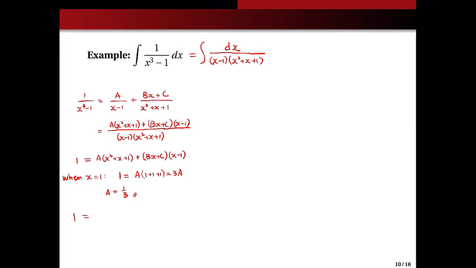We now replace a with 1/3. So 1 equals 1/3 of x squared plus x plus 1, plus bx plus c times x minus 1.